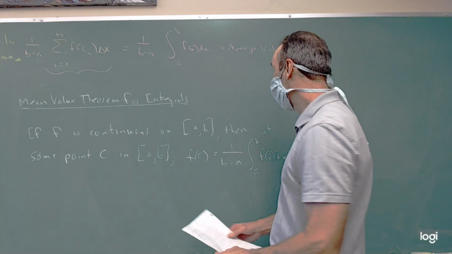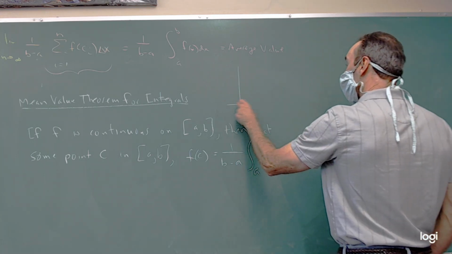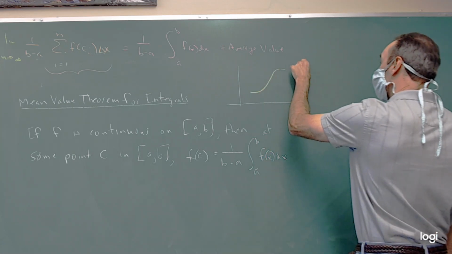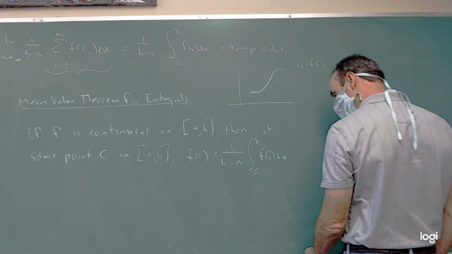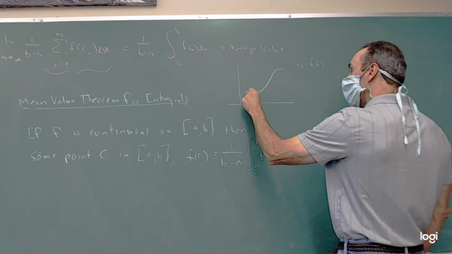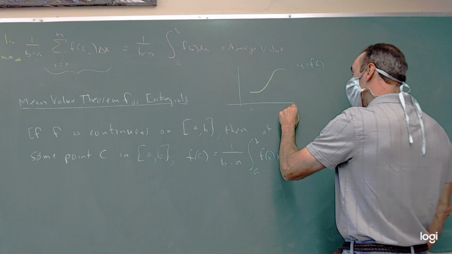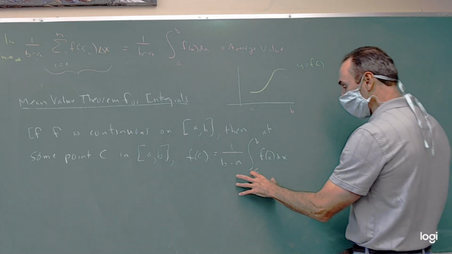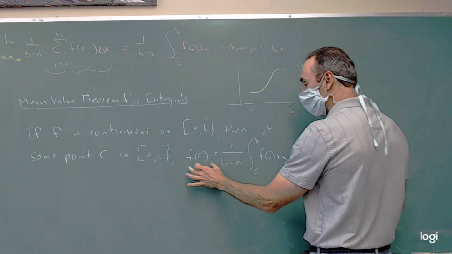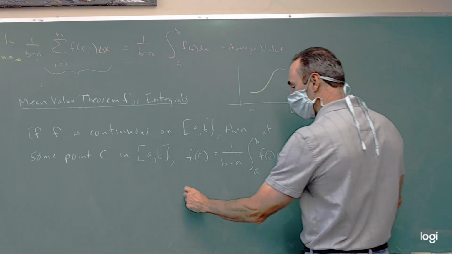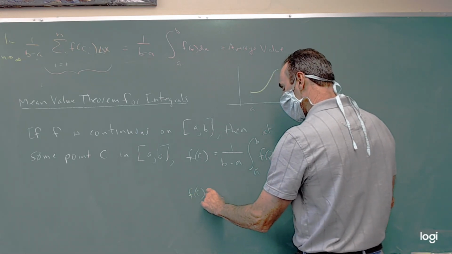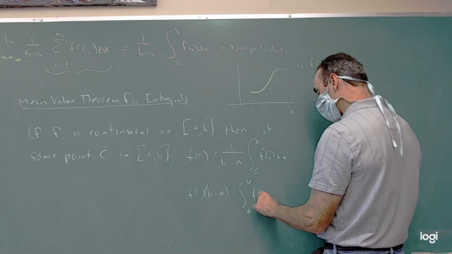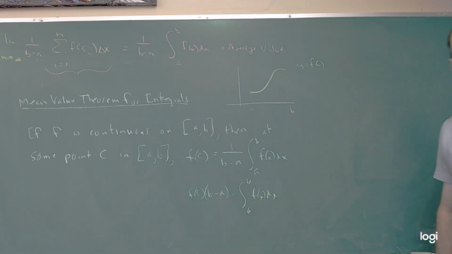So there's kind of a nice visual that goes with this. So if we draw our function, so here's our generic function, f of x. And we're looking at the interval from a to b. Then what this is really saying, if you multiply this b minus a to the other side, you can see that f of c times b minus a is equal to the integral from a to b of f of x.